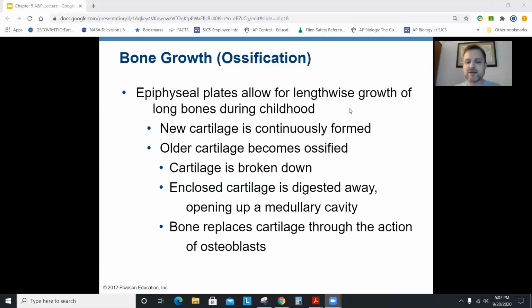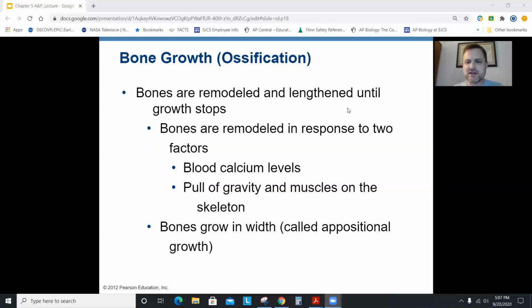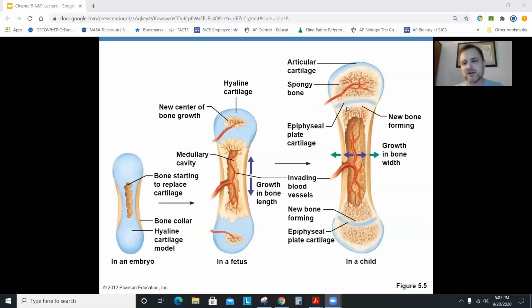And basically, what's happening here is that, let me show you this in a picture. So if this bone is growing, the bottom of the plate is where cartilage turns into bone, and the top of the plate is where new cartilage is being formed. So it's like this plate is pushing upward. The bottom part turns into bone. The top part makes more cartilage, which makes the bone grow lengthwise, right?